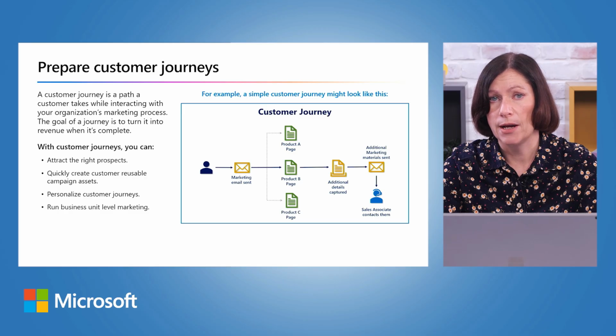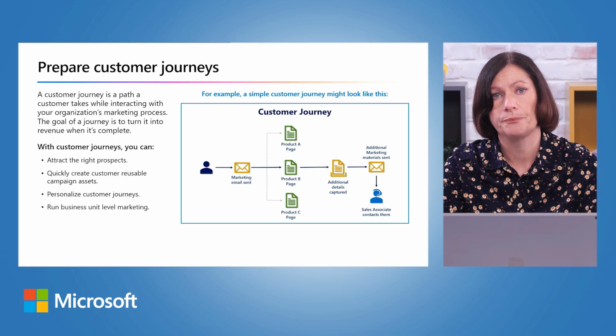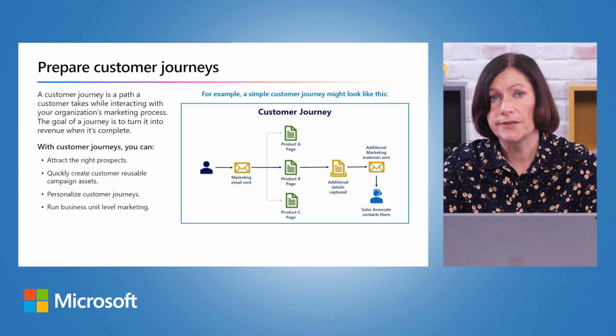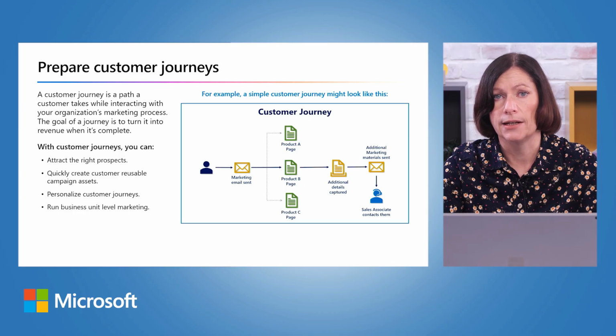By leveraging buyer preferences and their past interactions, you can create personalized customer journeys as well as automatically sync and nurture LinkedIn leads with the Dynamics 365 connector for LinkedIn Lead Gen Forms app. Finally, you can run business unit level marketing. Reusable shared campaign content lets you define which audiences are targeted.